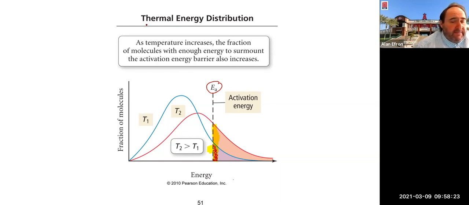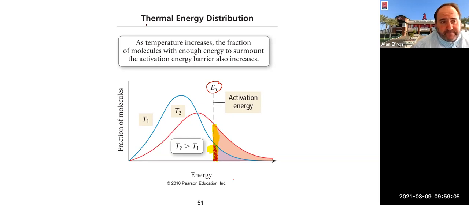By increasing the temperature, a greater fraction of molecules have enough energy to get over that hill to the product side, as we can see in this last graph, which compares two different temperatures. The red graph is the second, higher temperature, and where we hit the activation energy, we have a much larger area of molecules with enough energy to get up and over. So increasing the energy allows everybody to react quicker.